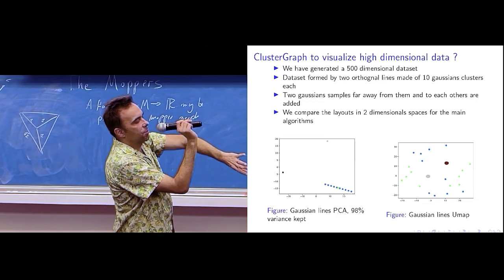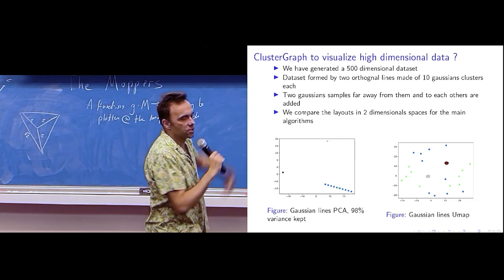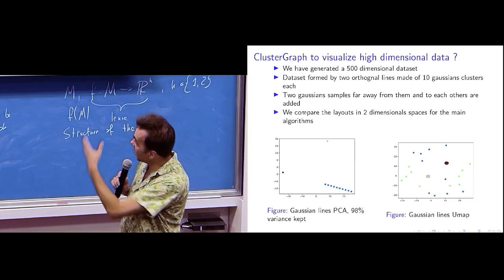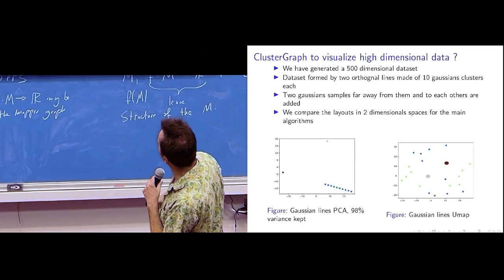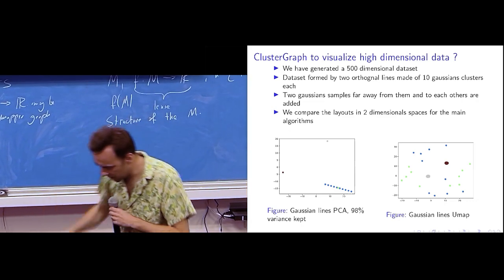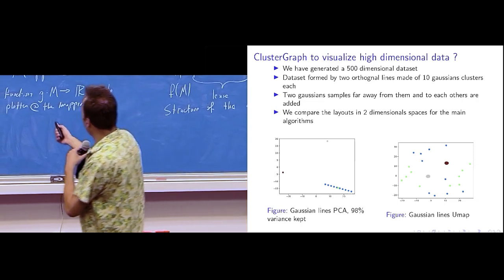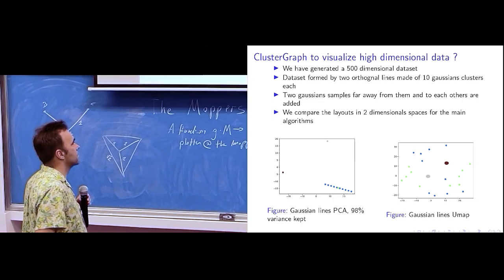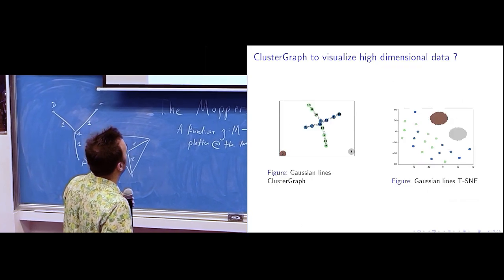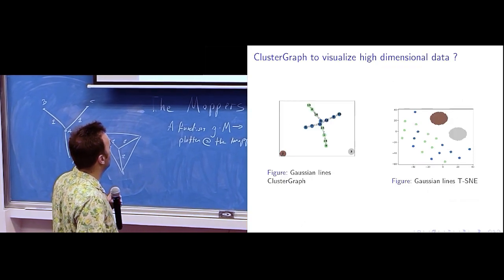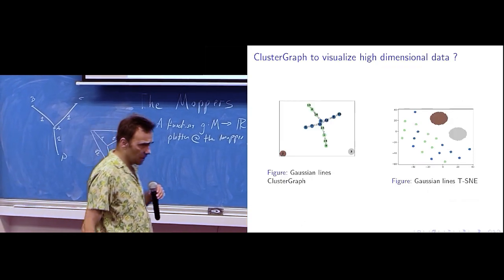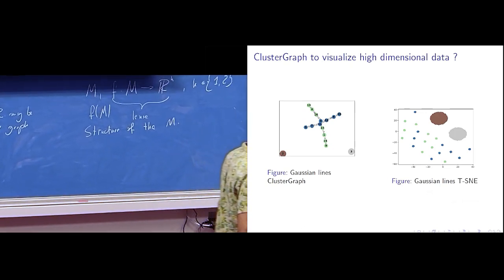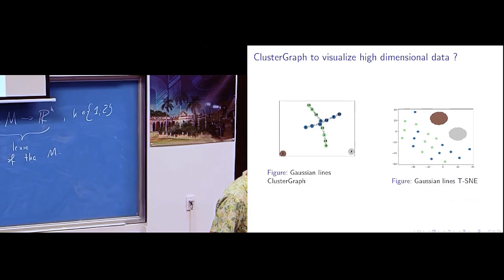Roughly the number of points in every line and in each Gaussian are more or less the same. And then we embed those things in, I think it was a 500 dimensional space. PCA gets one of the lines aligned with the Gaussians, and so do UMAP, t-SNE, and PHATE. And the cluster graph obviously recovers it for most of the clustering methods. So we had a lot of fun.